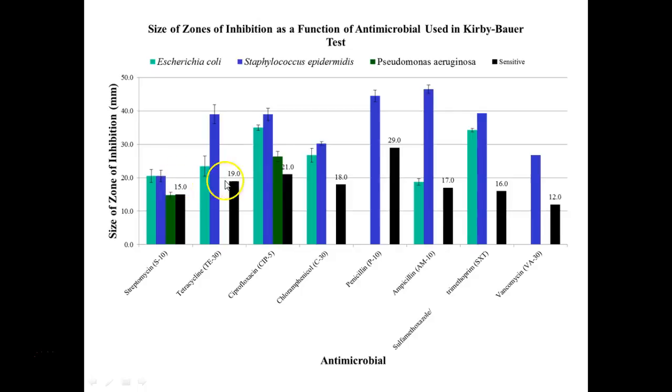As you can see, it was sensitive to all the antibiotics we used. E. coli was resistant to penicillin, right? So you don't see any E. coli band here. And where's the little blue? And vancomycin.